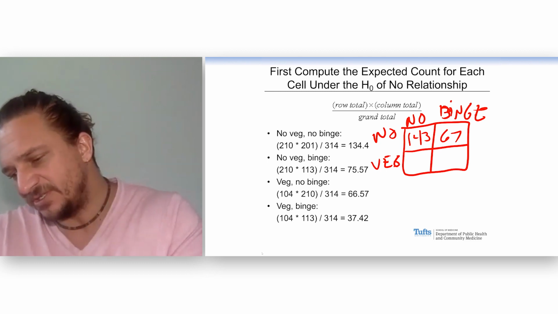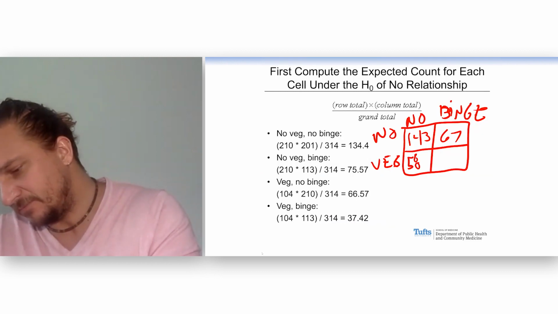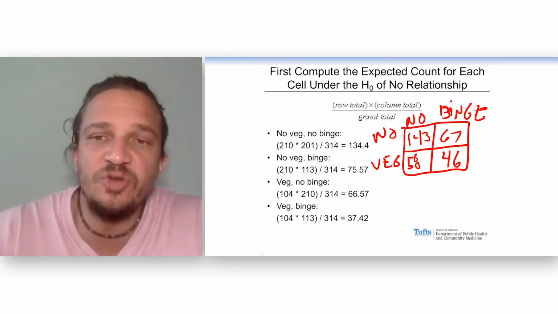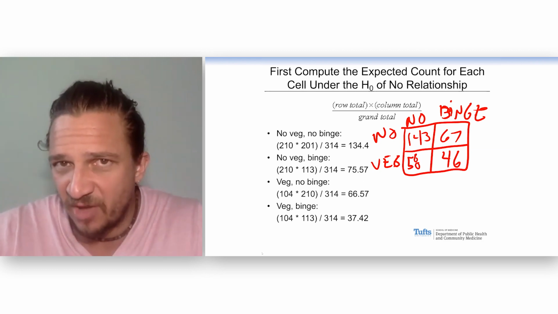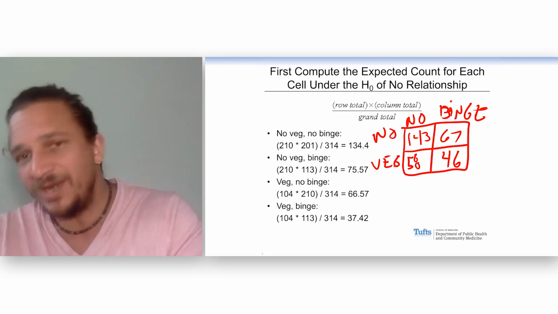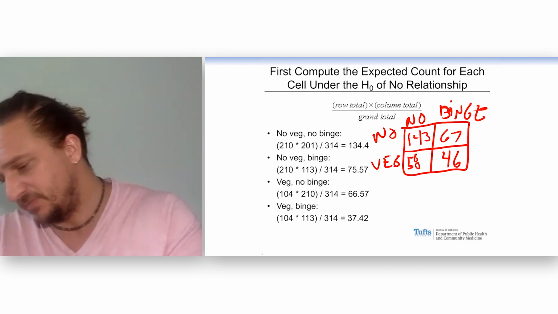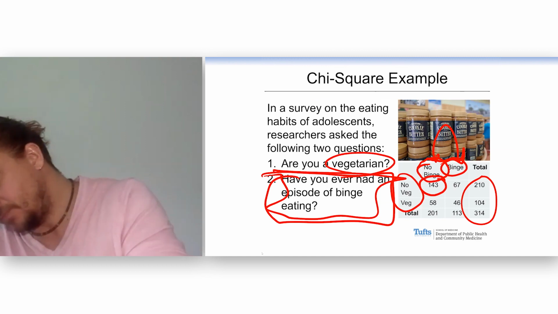And the other 2 numbers, I just got to double check, 58 and 46. So that's our 2x2 table. Then from that table, we can calculate the row and the column totals. So 143 plus 67 is 210.